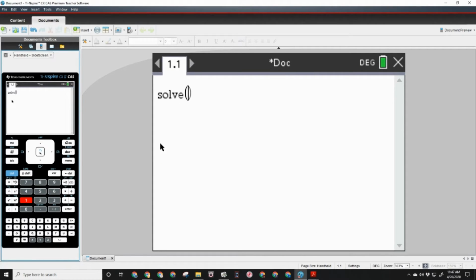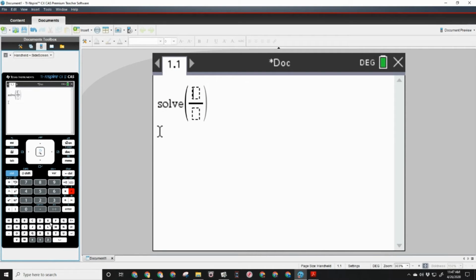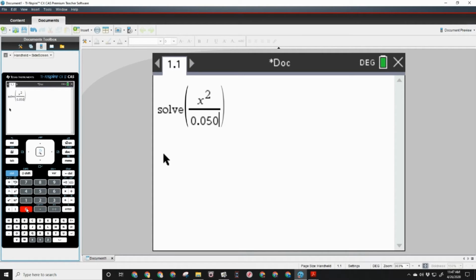I'm going to put in this expression, x squared divided by 0.050 minus x, exactly as it's written.